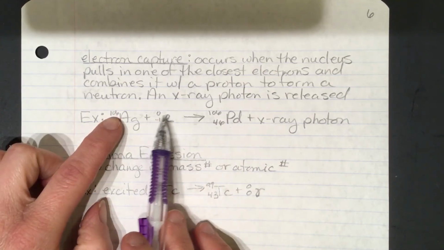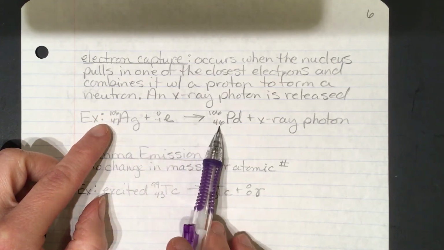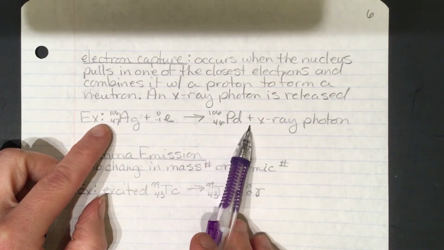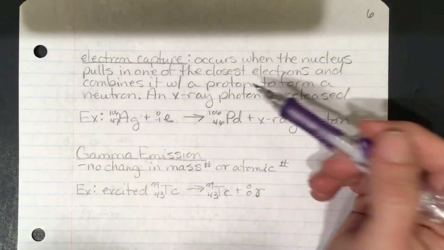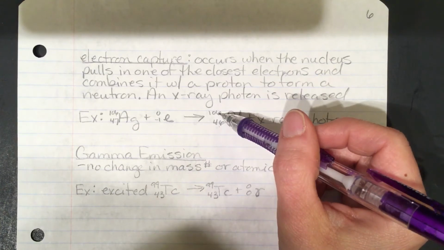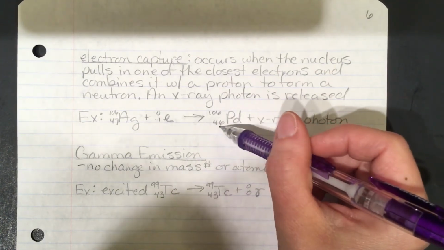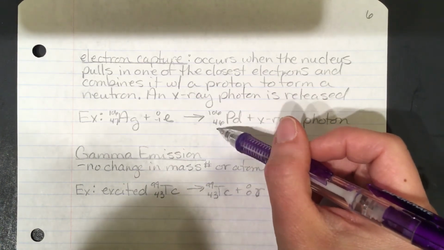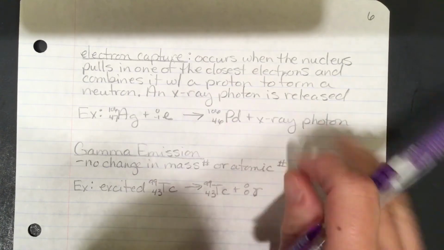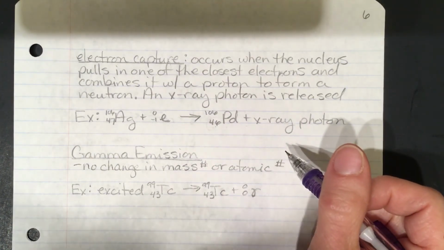So 0 plus 106 is 106. 47 minus 1 is 46. And an X-ray photon is released. Now, the mass remains the same because electrons have very little mass. And a proton is converted to a neutron, so it loses, in a sense, a proton and gains a neutron. That's why the mass doesn't change too, because remember, neutrons and protons have about the same mass.